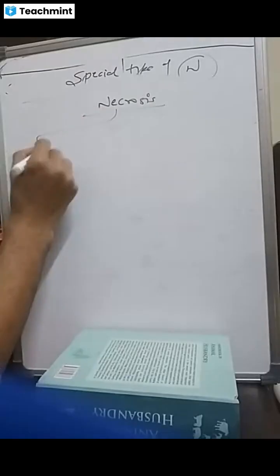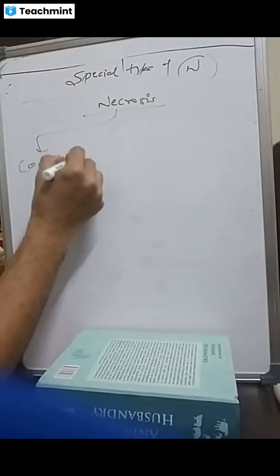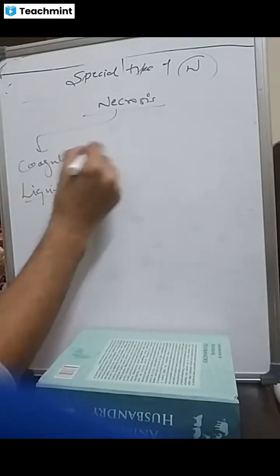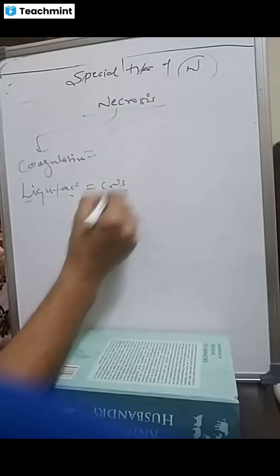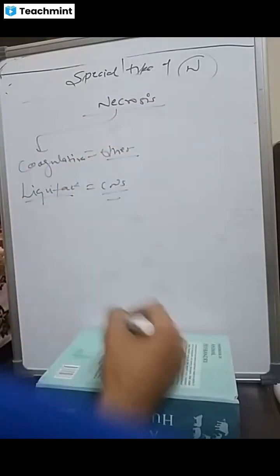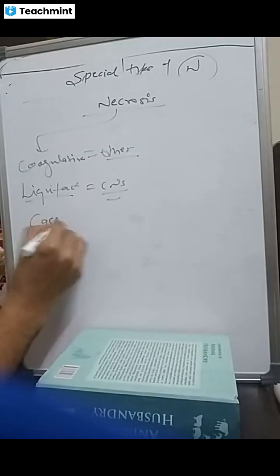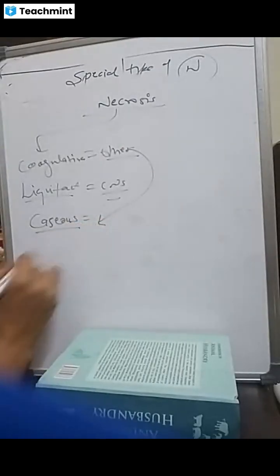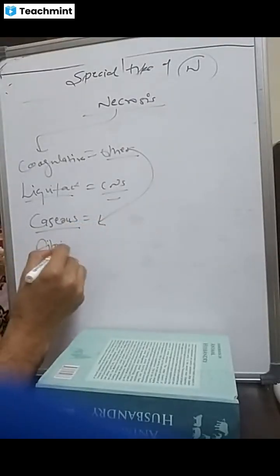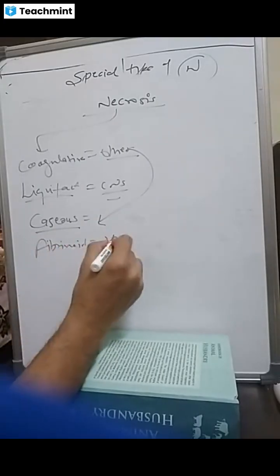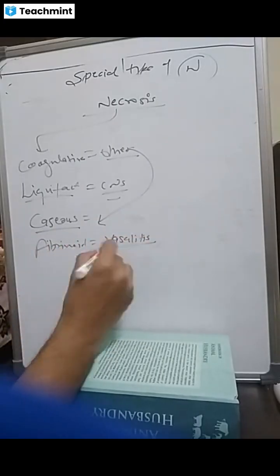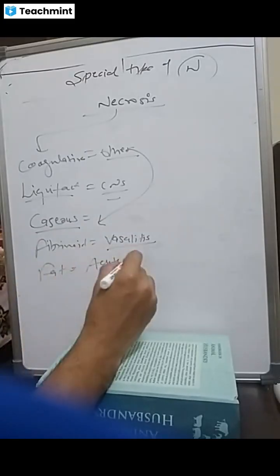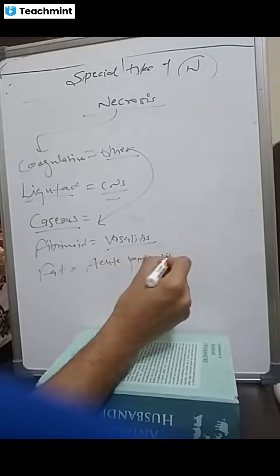We saw necrosis, coagulative and liquefactive, in CNS and other organs. Then caseous, a variant of coagulative. Then fibrinoid, seen mainly in case of vasculitis. Then fat necrosis, in dog acute pancreatitis.